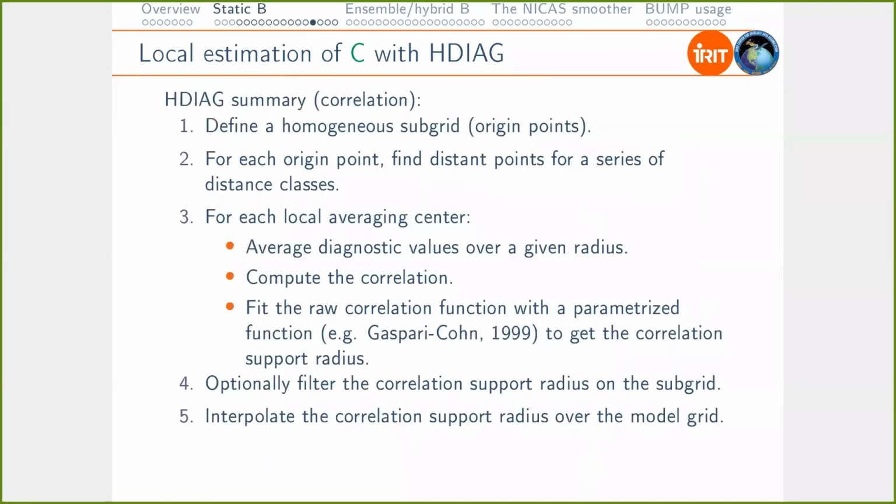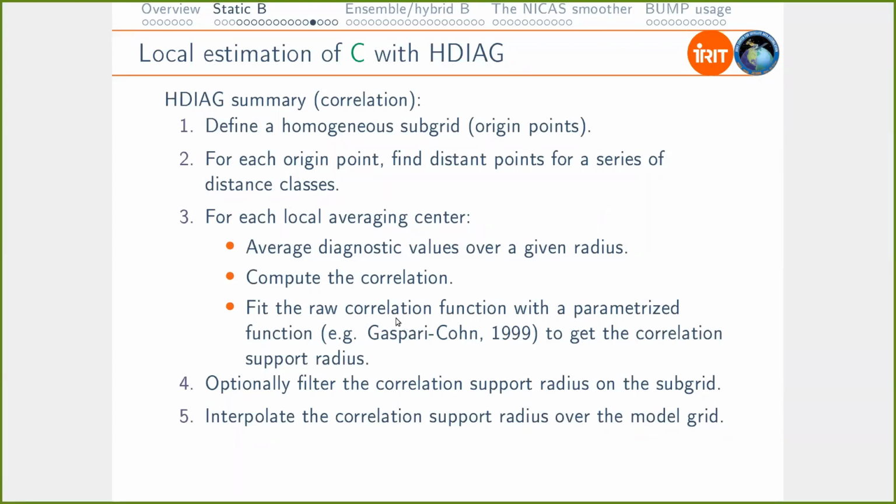So just a summary of how to compute the correlation with the JEDI driver. First, we define a homogeneous subgrid, the origin points. Then for each origin point, we find distant points for a series of distance classes. For each local averaging center, we average the diagnostic values, so the correlation here, over a given radius. We compute the correlation.